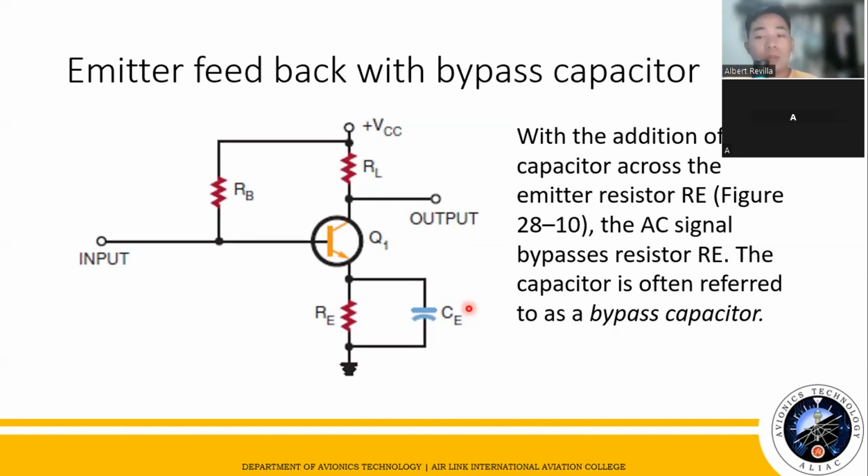So, the bypass capacitor holds the voltage across the resistor RE steady while at the same time not interfering with the feedback action provided by the resistor RE. So, itong additional capacitor here sa circuit ay tinatawag na bypass capacitor.